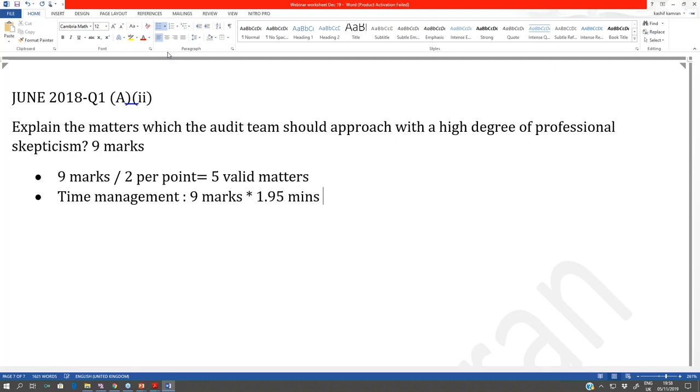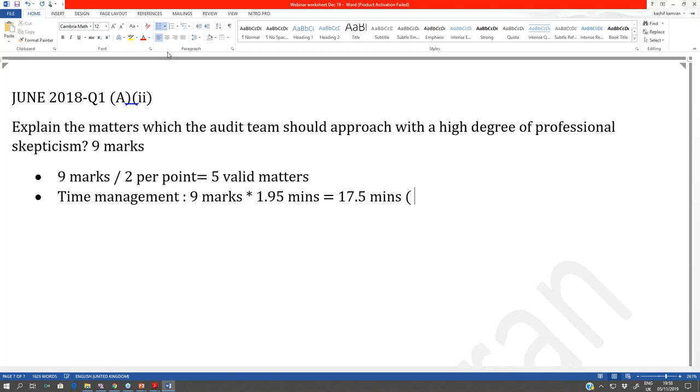So how much time in total do we have for this answer? 9 marks multiplied by 1.95 gives 17.5 minutes.